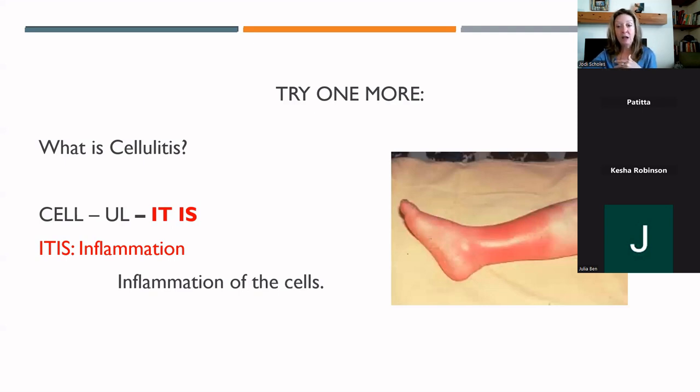This is a classic look at cellulitis, and I mention it because it's a condition you may not be familiar with 100%. So let me tell you exactly what it is.